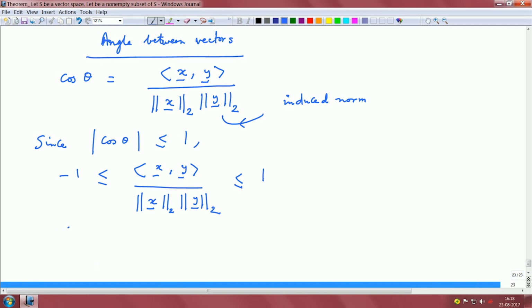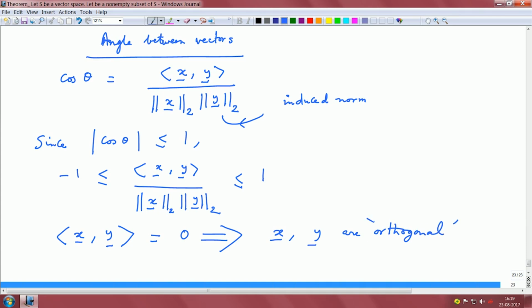Now if the inner product of x and y is 0, this implies x and y are orthogonal, that means they are at 90 degrees to each other.